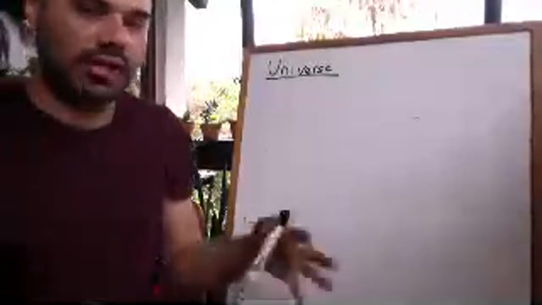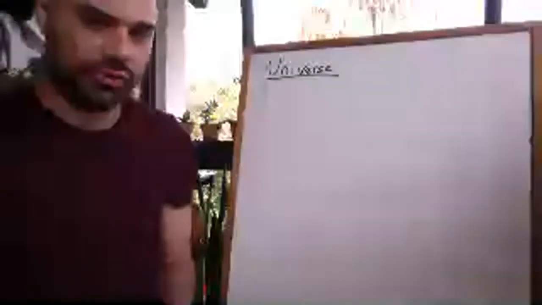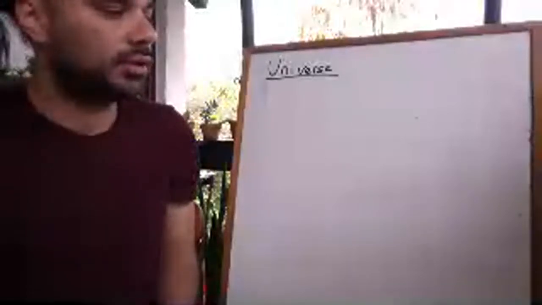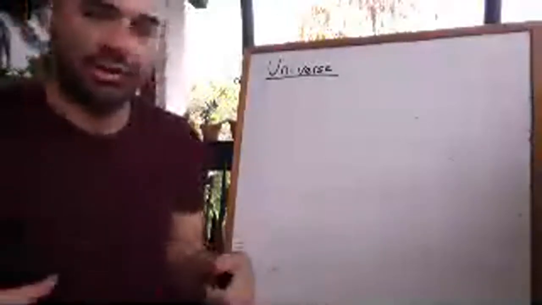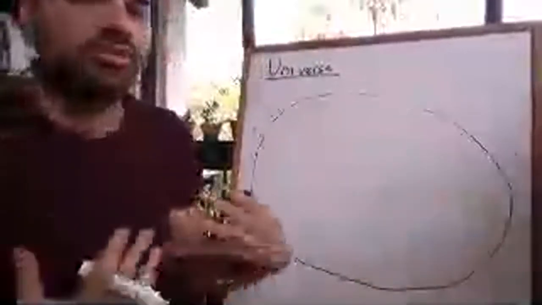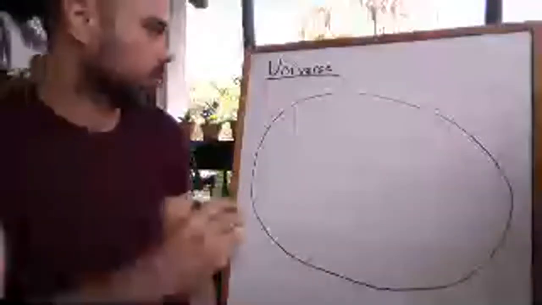We don't know things about the universe on the biggest of the scales, but we know some things about the smaller universe. For example, let's say that this is the observable universe. Okay.